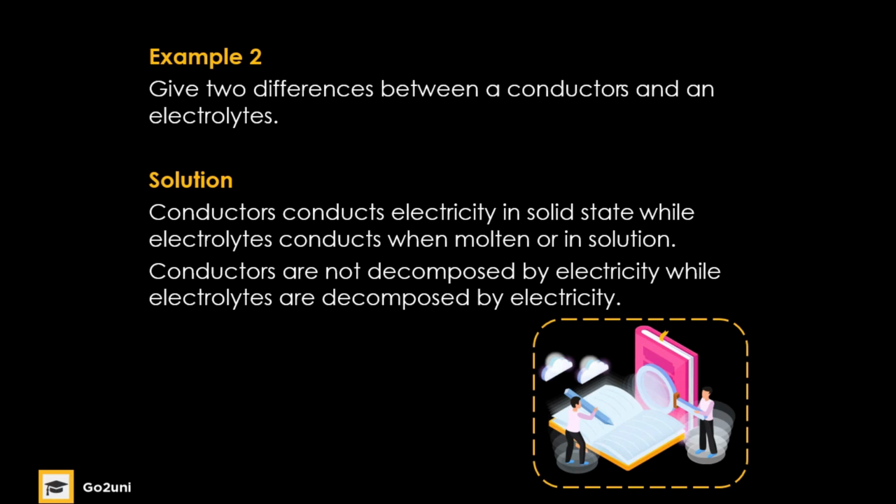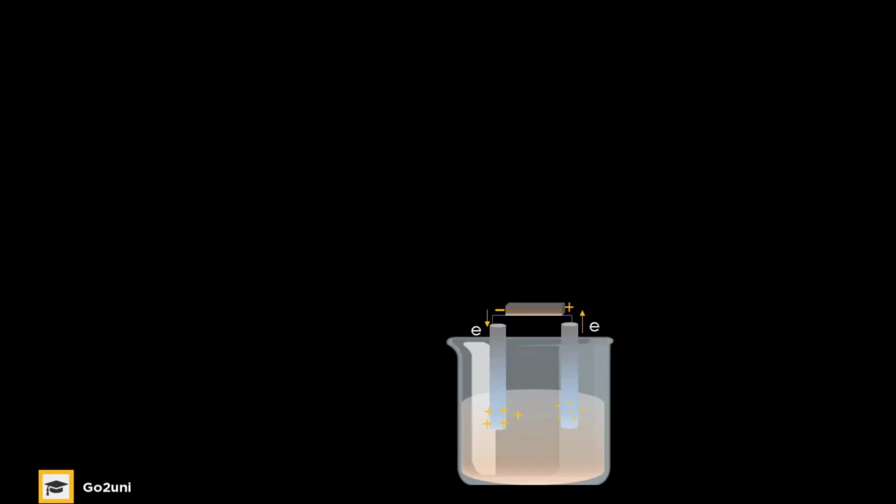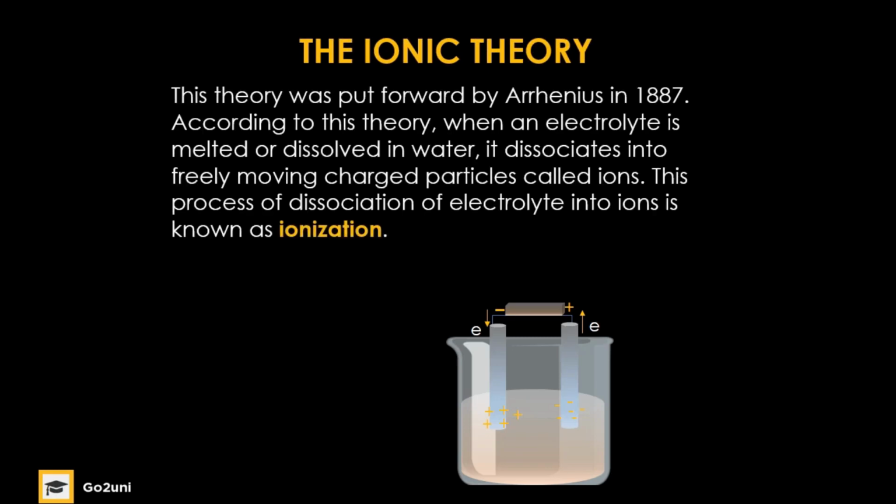When we talk about electrolysis, there are contributions that were made towards the topic. What are these contributions uniquely? There's a specific contribution about electrolysis which is called the Ionic Theory. What is the Ionic Theory? It was put forward by a renowned chemist, Arrhenius, and according to Arrhenius, when an electrolyte is dissolved in water, it dissociates.